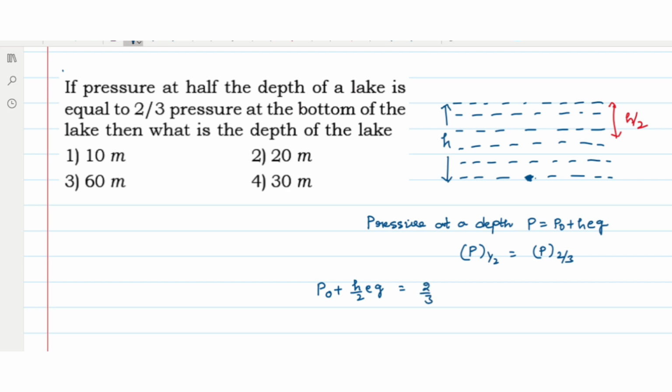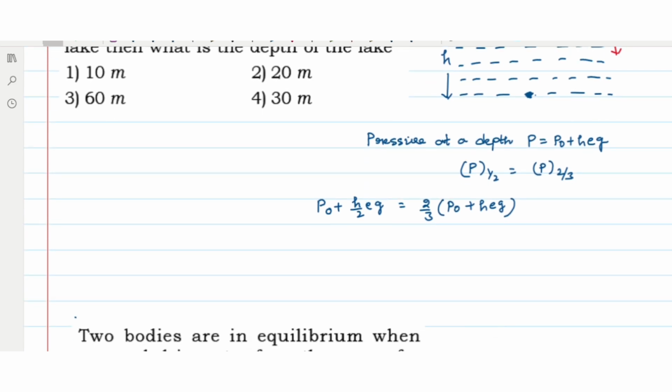So here, 2/3 of the pressure at the depth means you substitute P naught plus h rho g.